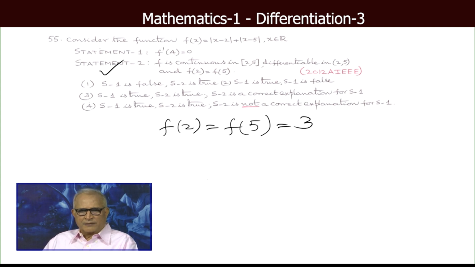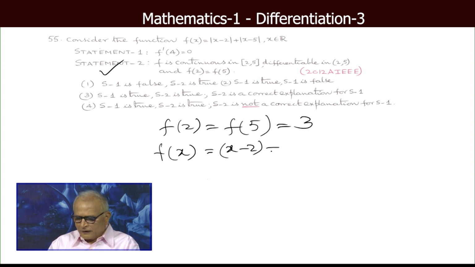Not using Rolle's theorem, not because of statement 2, but because f(x), for all x in the closed interval [2, 5], x is always greater than or equal to 2, so mod x minus 2 is x minus 2. For all x less than or equal to 5, x minus 5 is less than or equal to 0, so mod x minus 5 is 5 minus x.